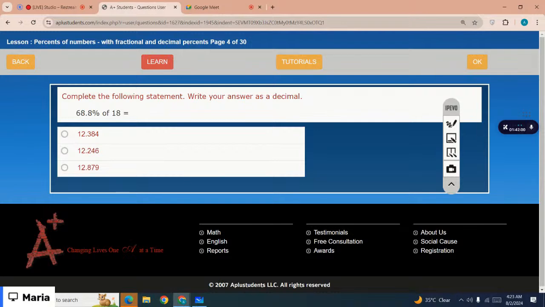So which is the correct option? So I have to do the calculations, right? That is 18 times 68.8. That is option number 1, 12.384 is the correct option, right?